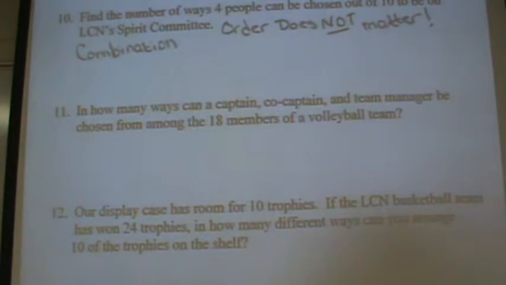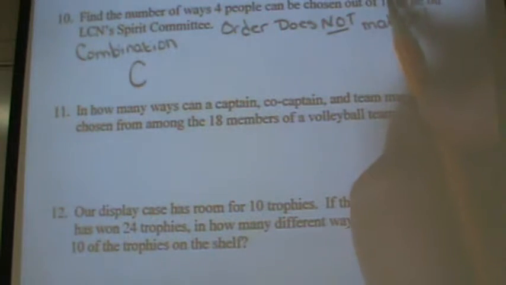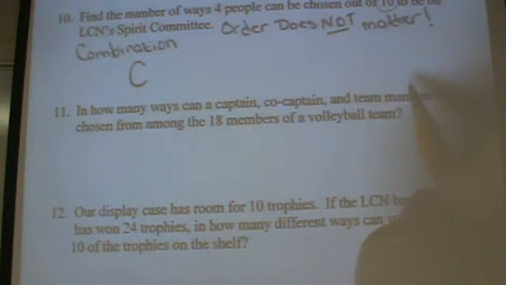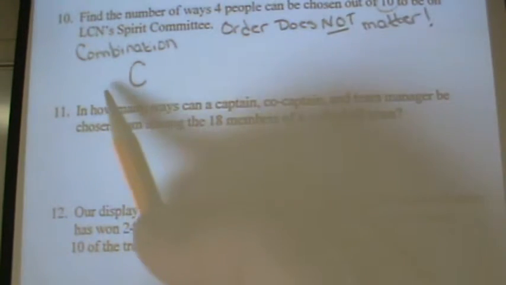So we're going to use the combination notation, which is the C. And remember that your total set goes first. It goes on the left-hand side. And the number that you're choosing, or the number that you're picking, goes on the right-hand side. So we had 10 people, and we're choosing 4.